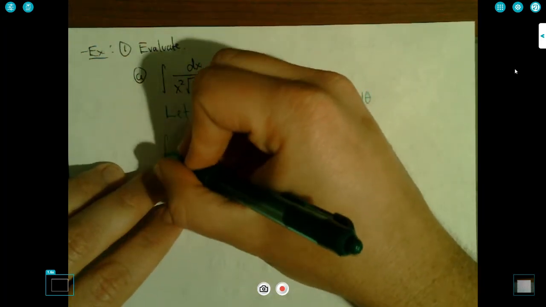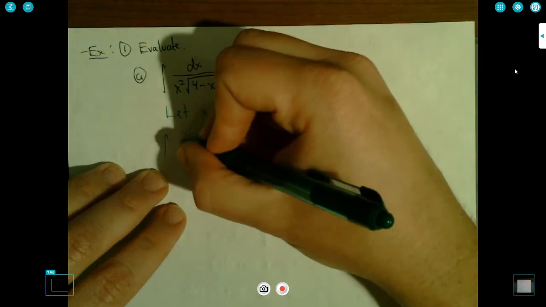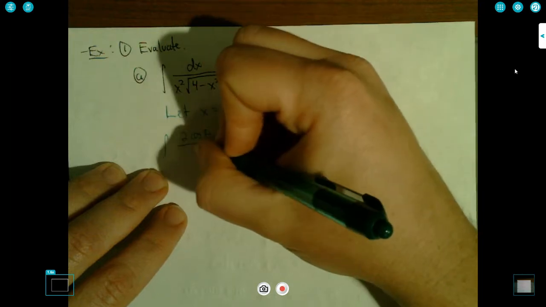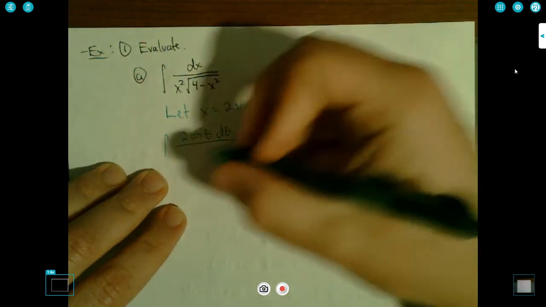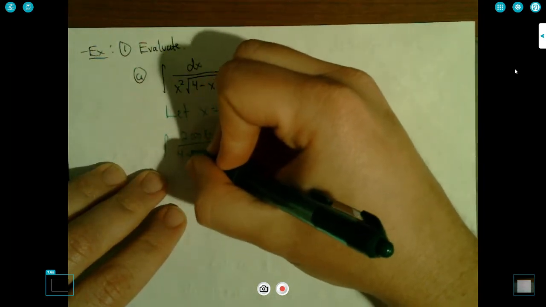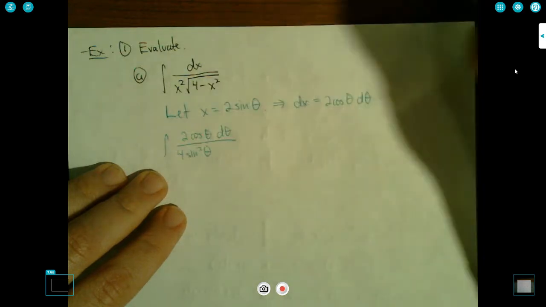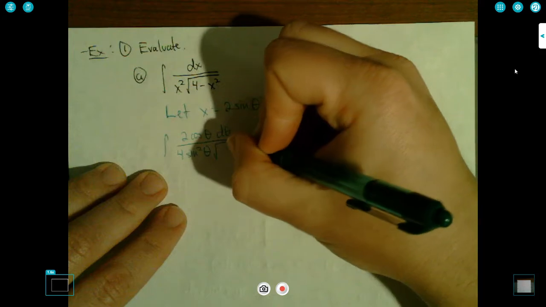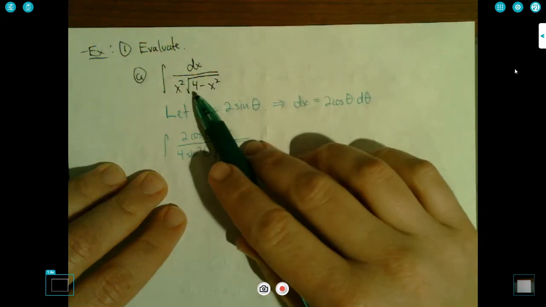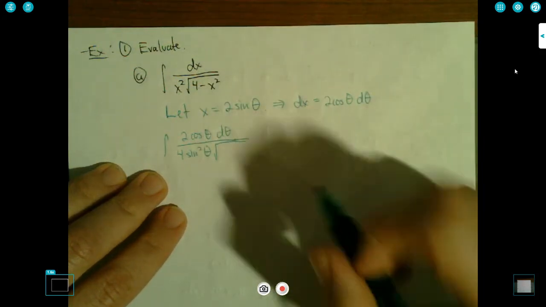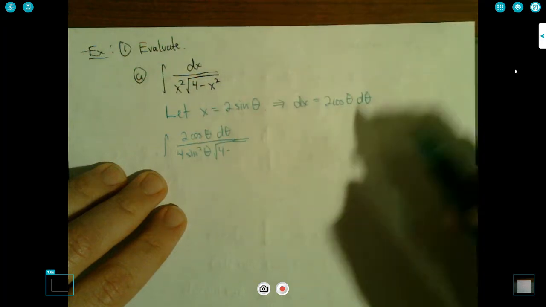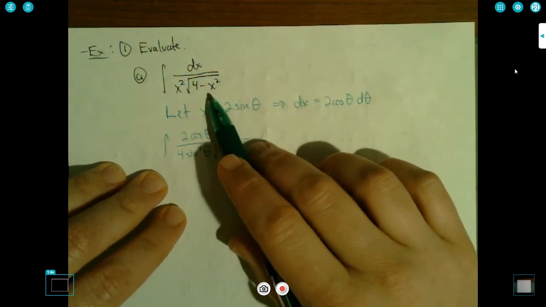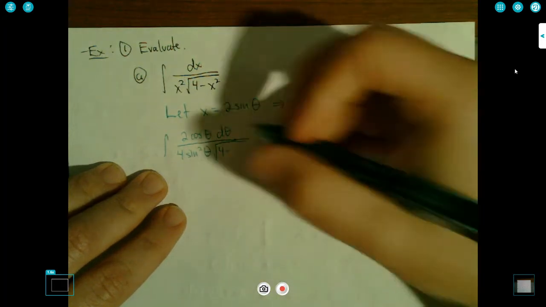So we end up with this. dx is 2 cosine theta d theta. x squared is going to be 4 sine squared theta, right? And then this thing is going to be square root of 4 minus 2 sine theta squared. So 4 minus 4 sine squared theta.